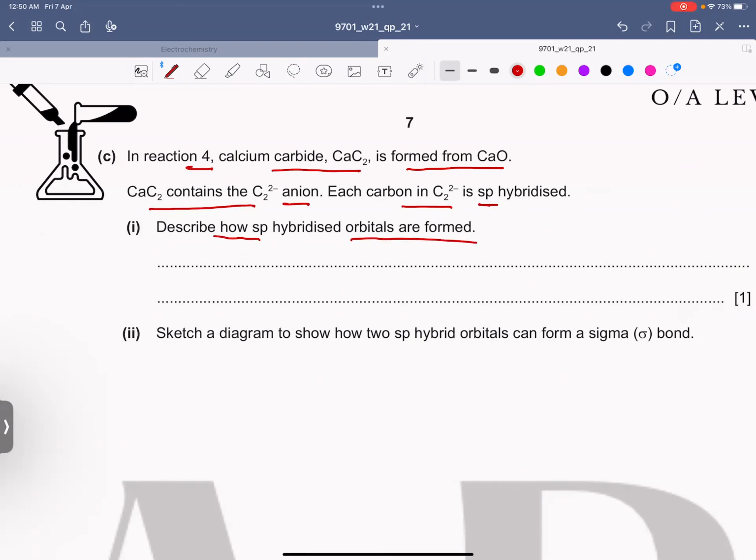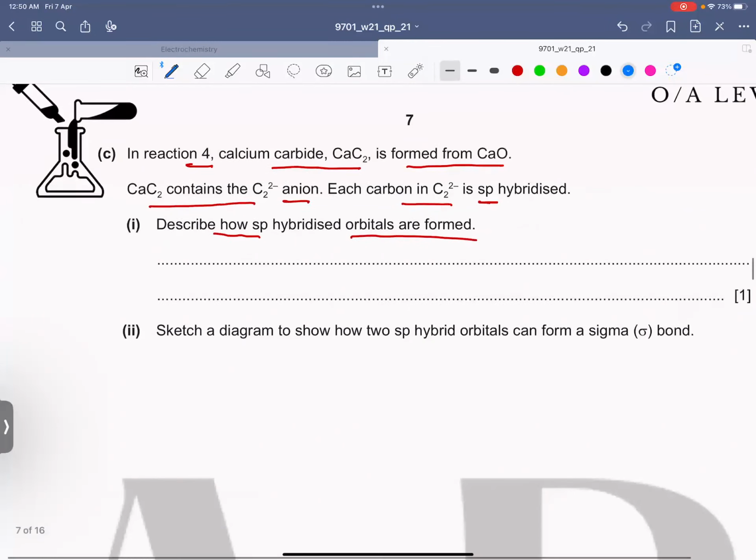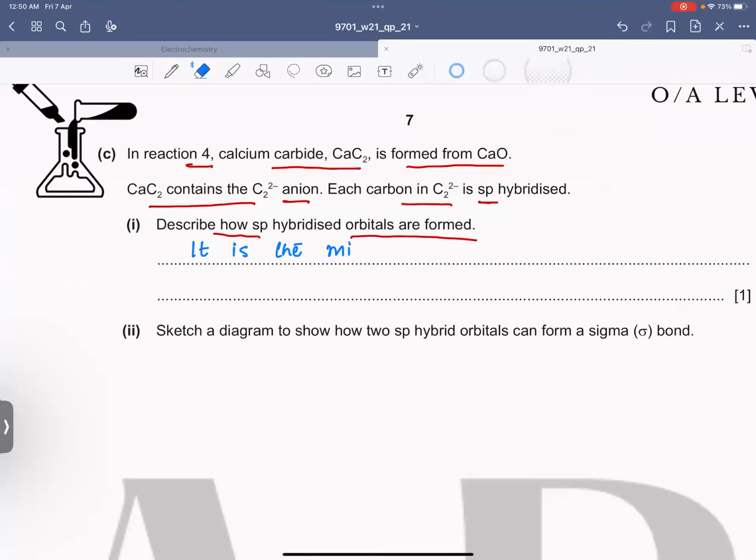When we talk about sp hybridization, the name is telling me that there is one s and one p. So I may write that it is the mixing of one s and one p orbitals.